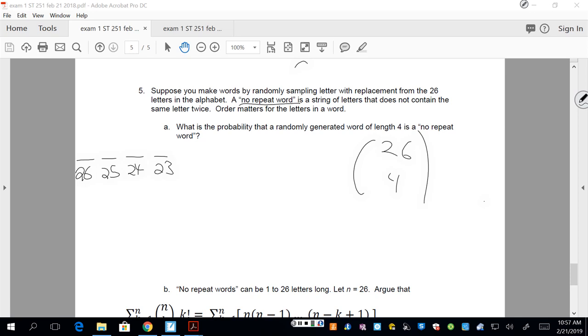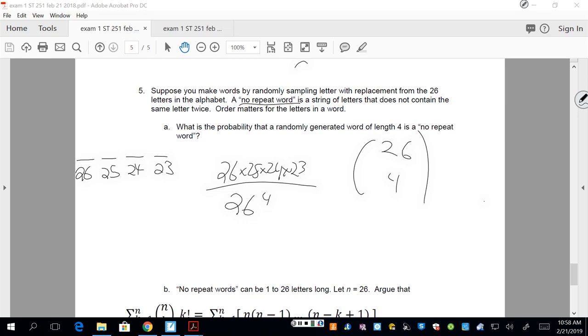Right? Ways of picking 4 letters without replacement and keeping them in order. So it's 26 times 25 times 24 times 23. But if you get to reuse letters, then it's just 26 to the 4th, because you get 26 for each of those choices. And so that'll be the probability.